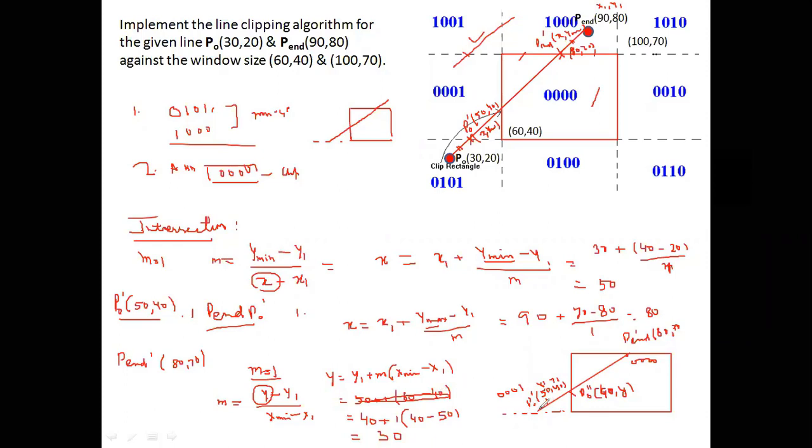We have received P naught dash as 50, 40, correct? And what will be this point? That is 60, 40, the x min and y min. So this will be 60, not 40. So let's erase it.